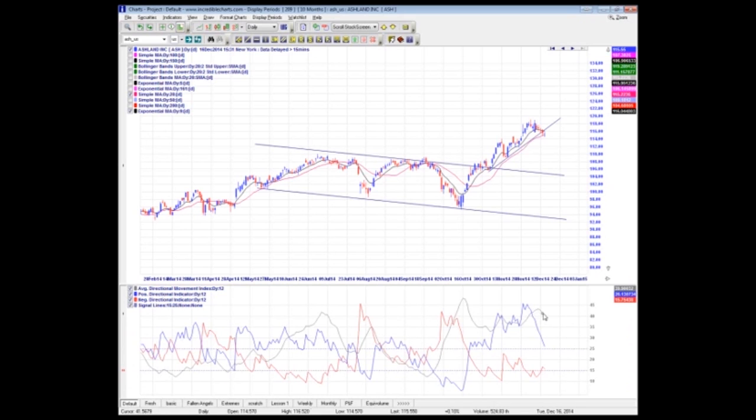You can see if we look at our ADX, this gray line, it's well above 25, indicating we have lots of movement. This is a scan we've just run live, but this would be a stock that meets all the criteria that we'd be looking for right off the bat.